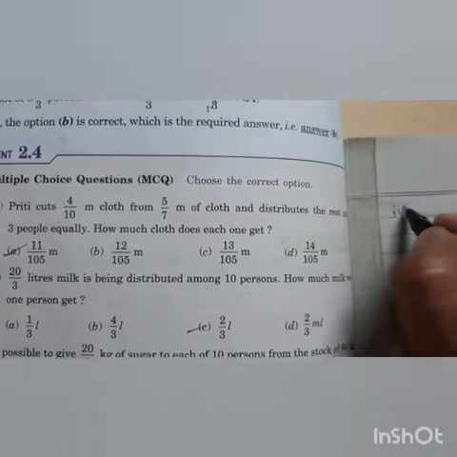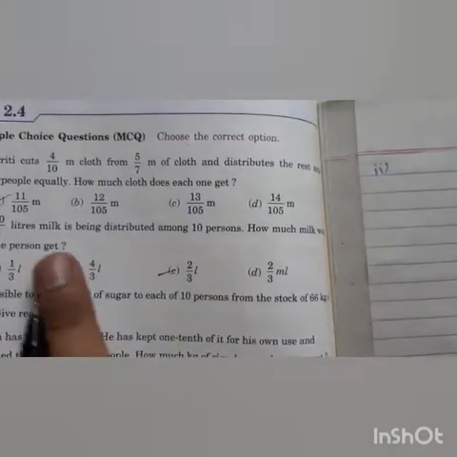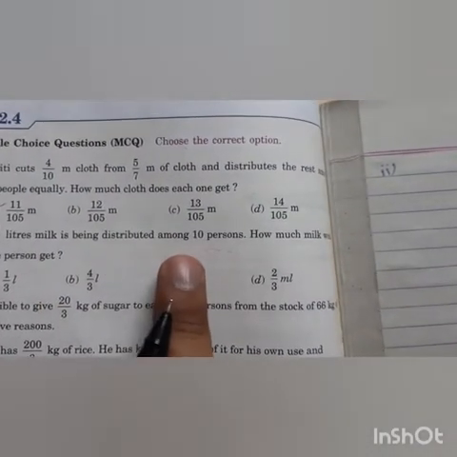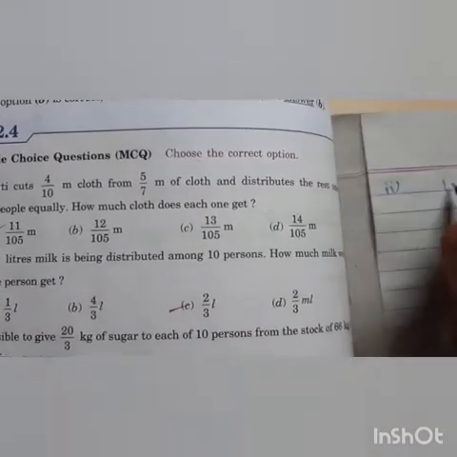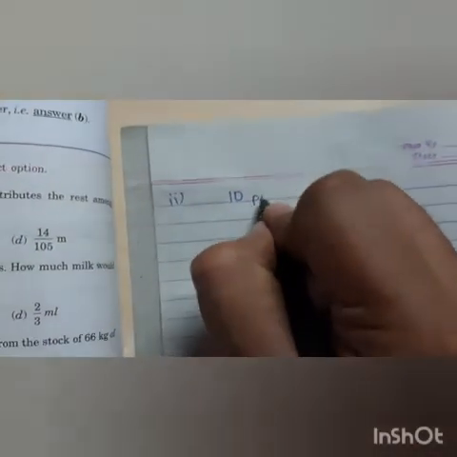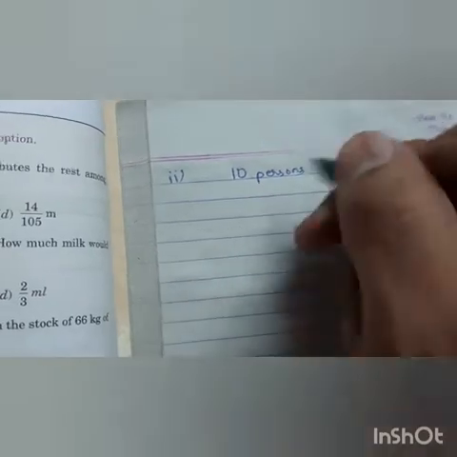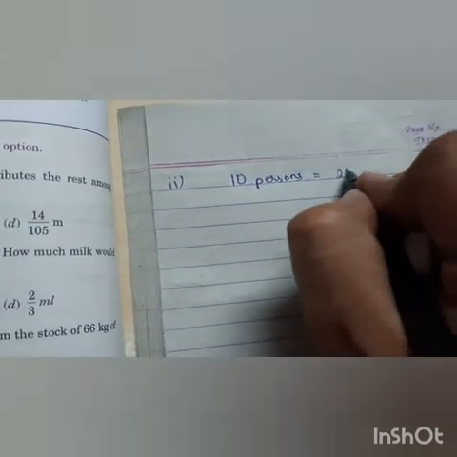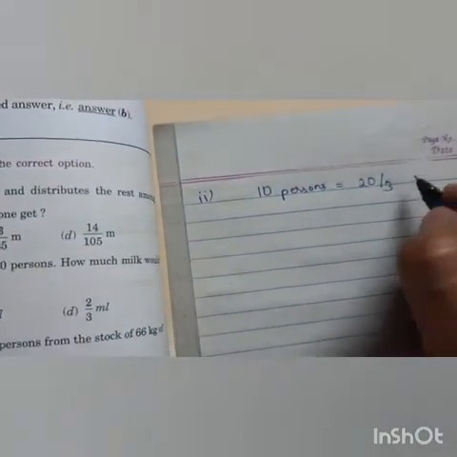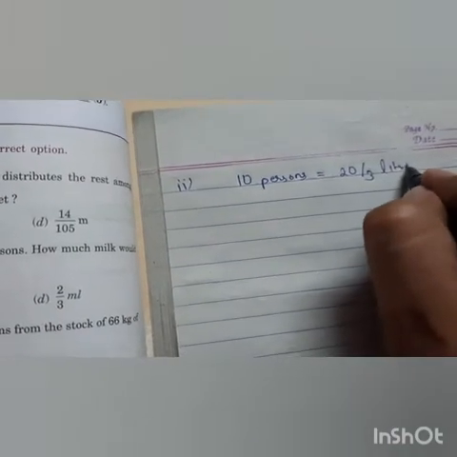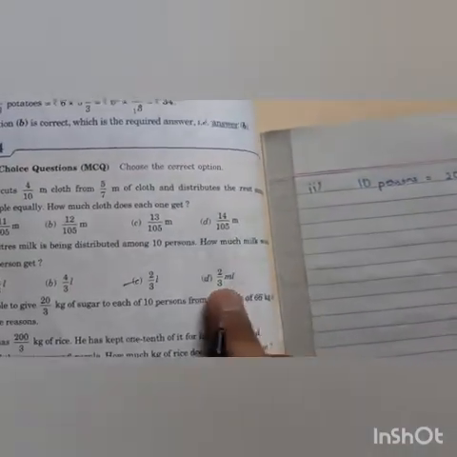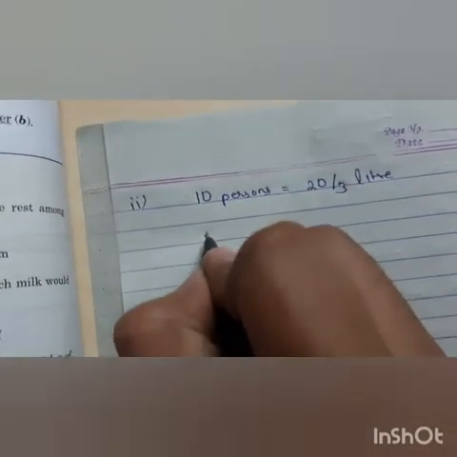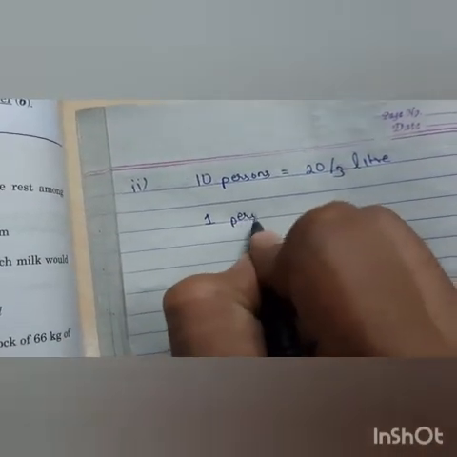Solution number 2. It is written 20 by 3 liters of milk is distributed among 10 persons. That means 10 persons get 20 upon 3 liters of milk. How much milk would one person get? Now we need to find for one person.